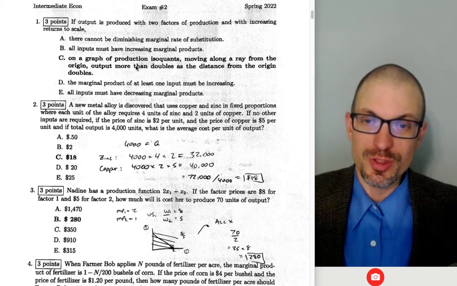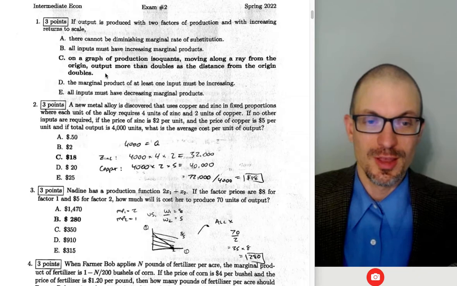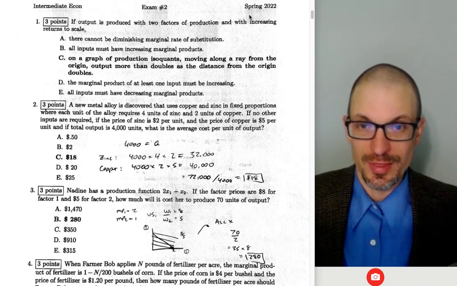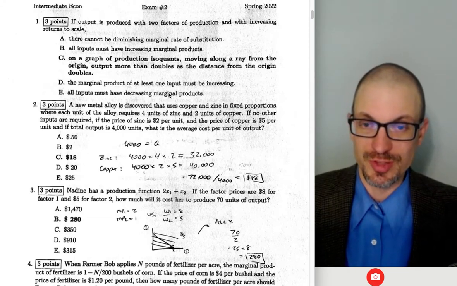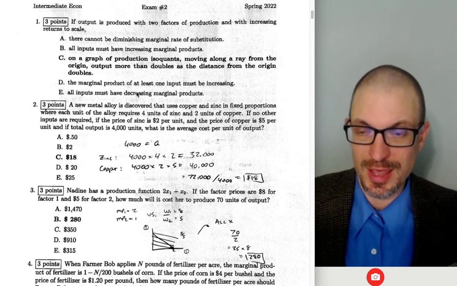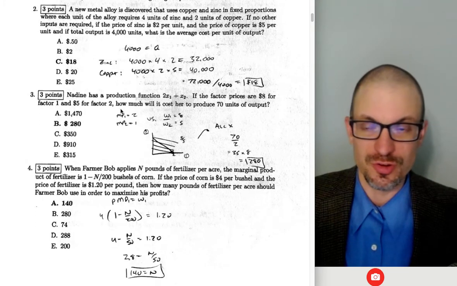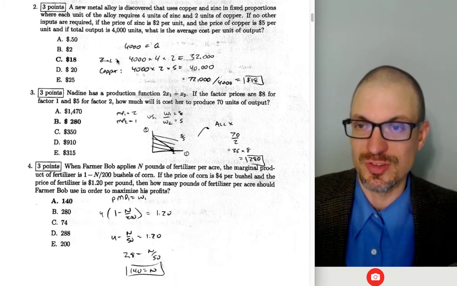If output more than doubles as the distance from the origin doubles, then as we're doubling the input, we're getting more than double the output. That's exactly what we mean by increasing returns to scale, right? Constant returns to scale was double the inputs, get double the output, and decreasing returns to scale was double the input and get less than double the output. In one of the videos, I show how you can demonstrate that formally. That wasn't necessary here. You just needed to answer the question.